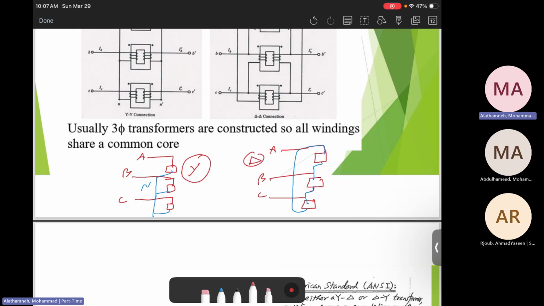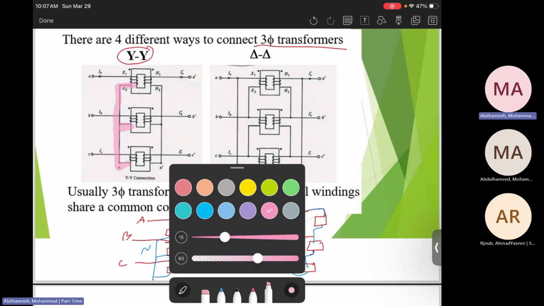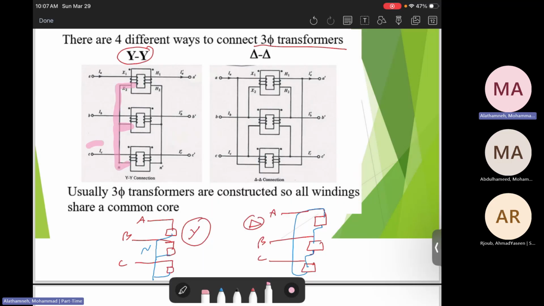Then, in order to connect Y and delta, there are ways we can connect the three-phase transformer. For example, this is Y to Y. You can see here is the neutral, while the phases are over there, like here. Then to connect Y on the other side, the same thing.